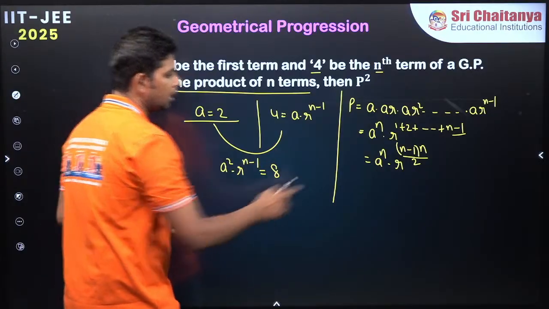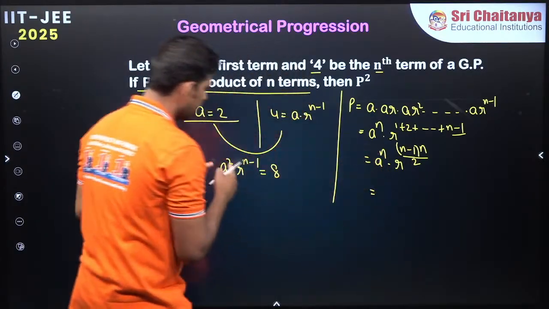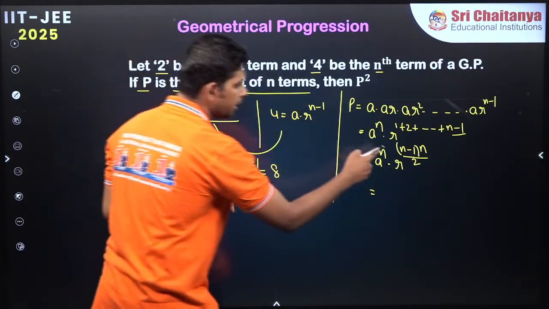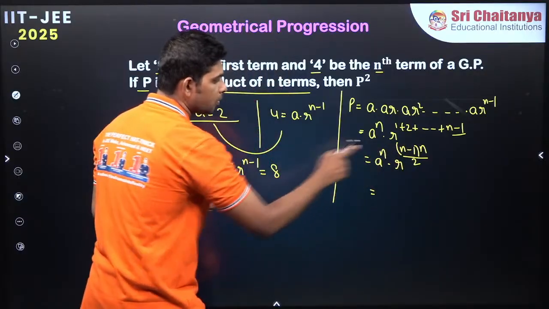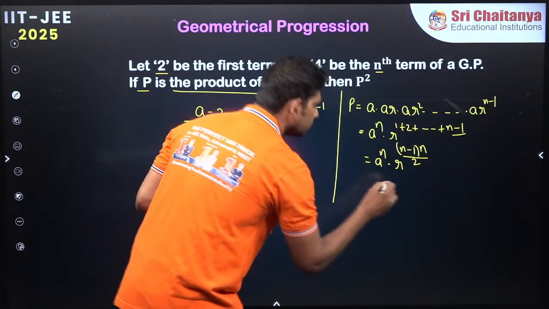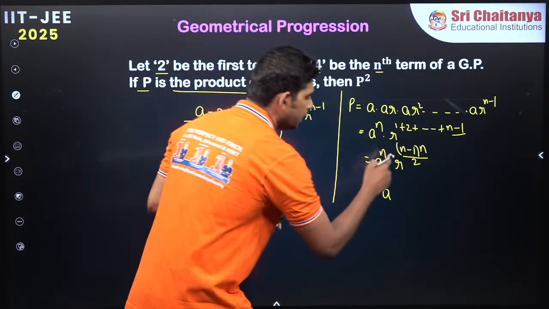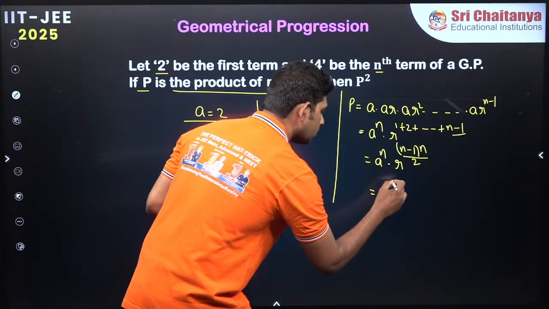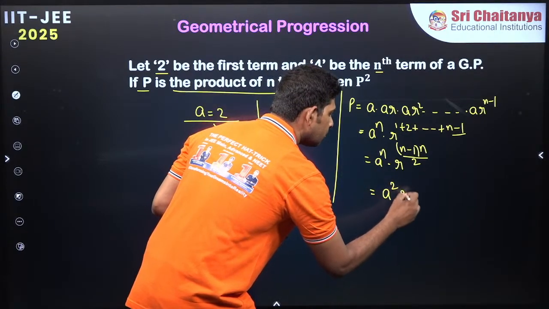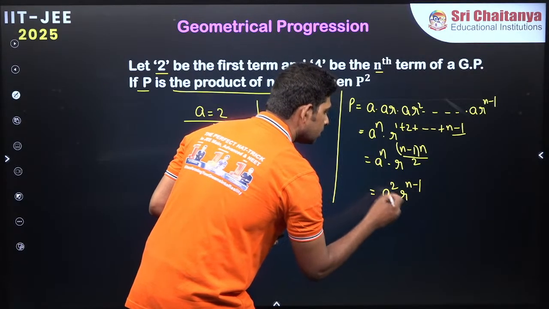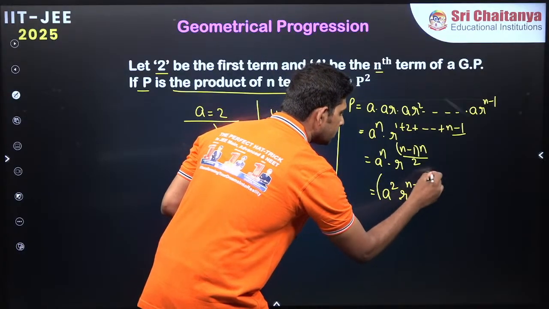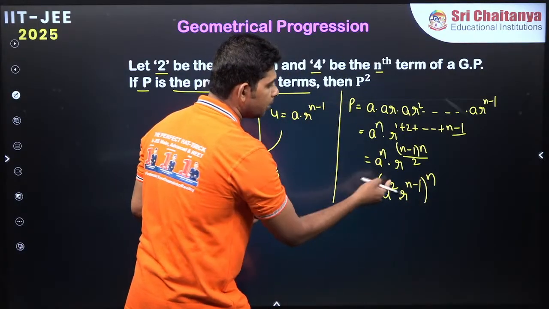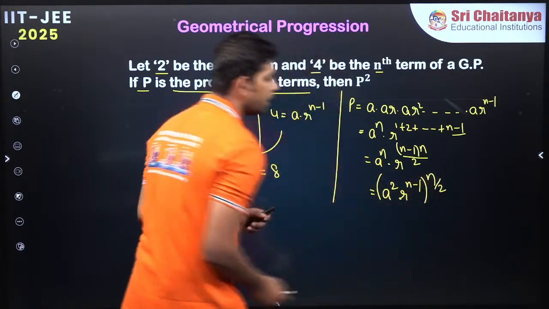Now why don't we take common n by 2 here: A square, and R power n minus 1, whole power n by 2.